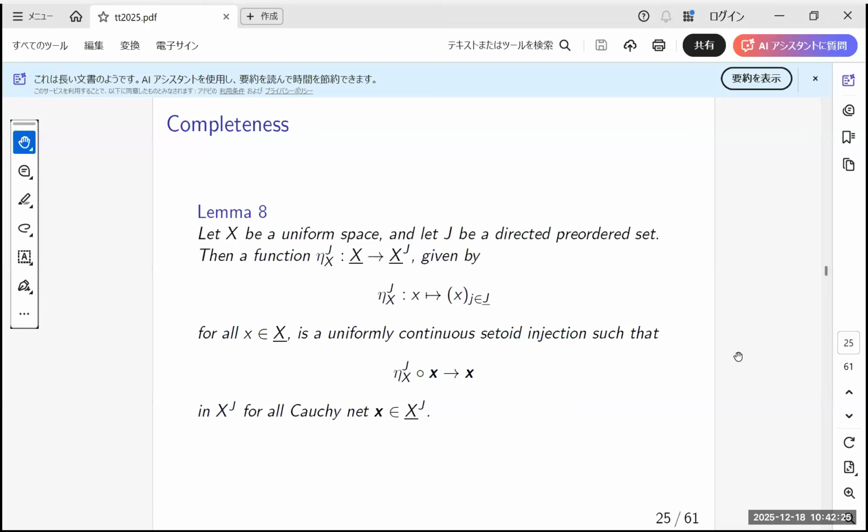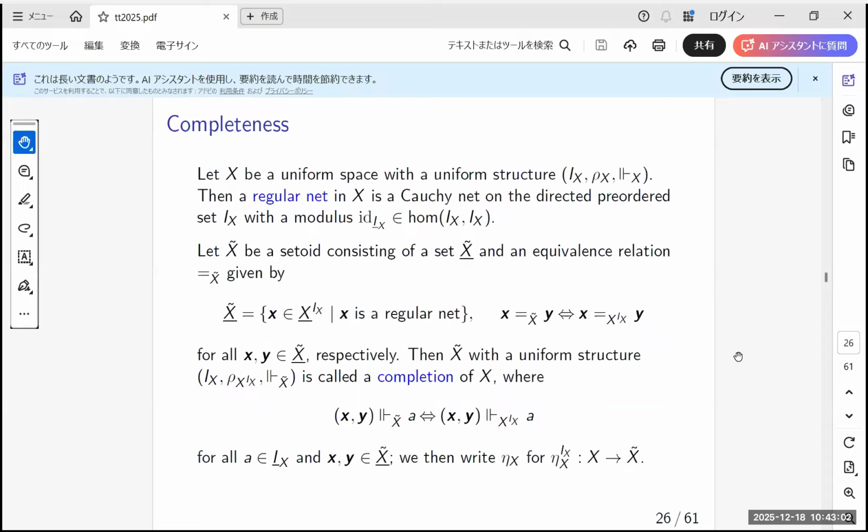And we can define a function from the original space X into the net space, which maps x to the constant net x, which is a uniformly continuous setoid injection, and also eta X composed with J, converging to bold X in the net space for all cosinets.